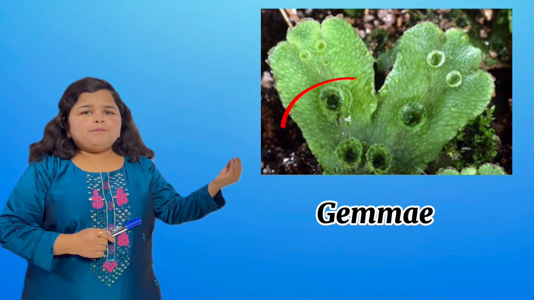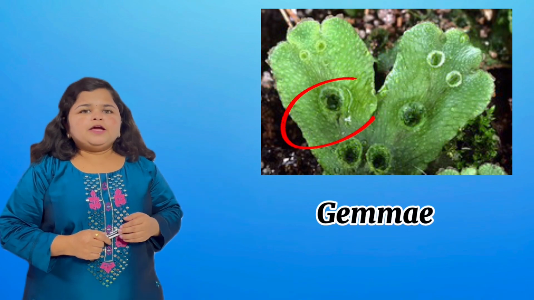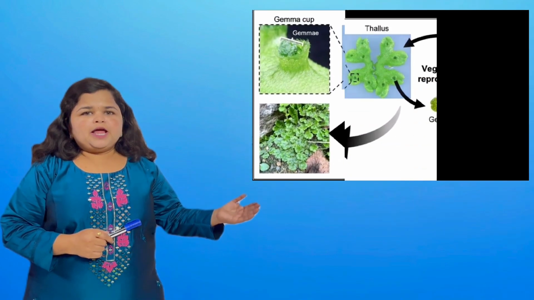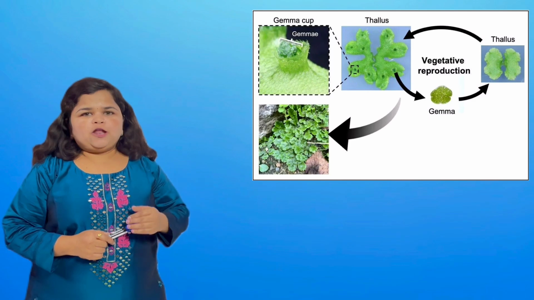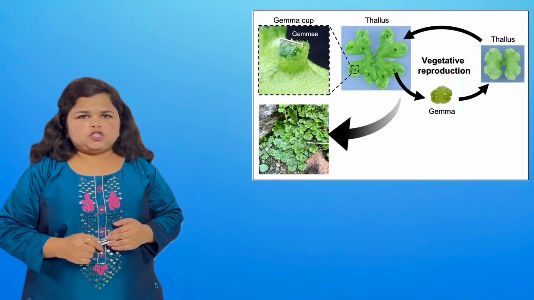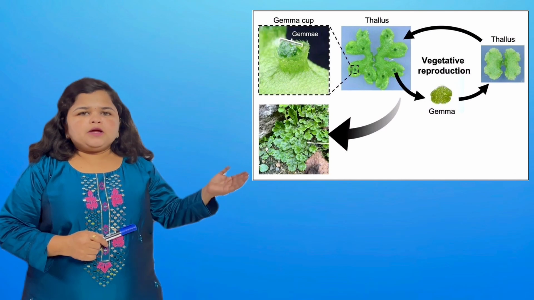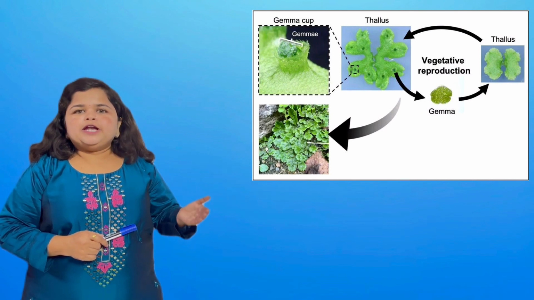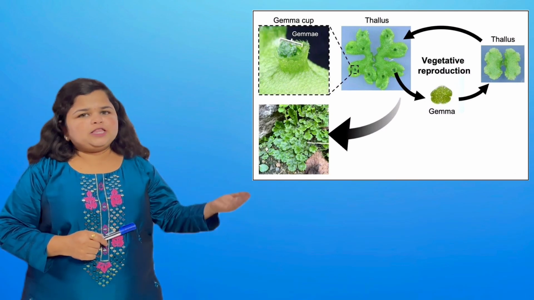When a bud detaches from the parent, it germinates and develops into a new thallus of Marchantia. So this is the asexual reproduction in Marchantia, in which the gemma is detached from the parent and develops into an individual thallus.